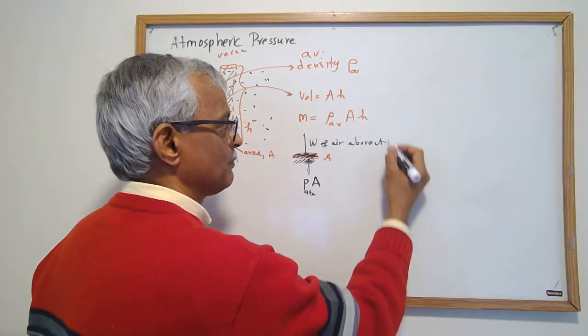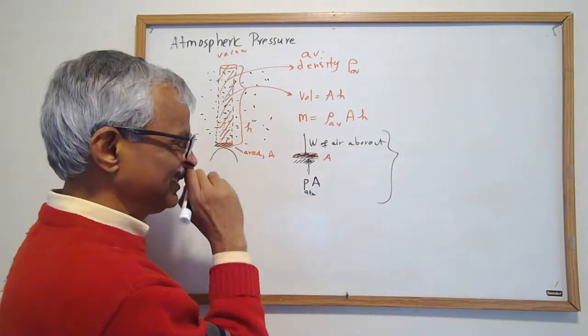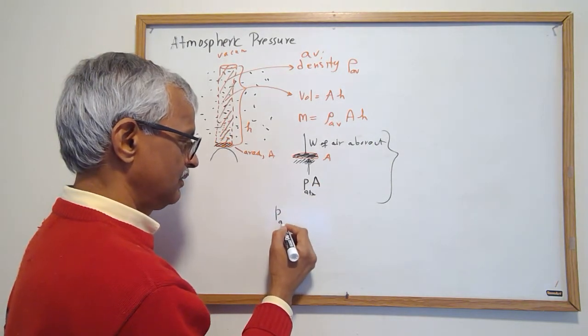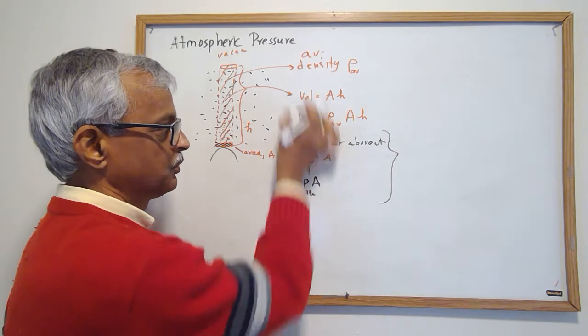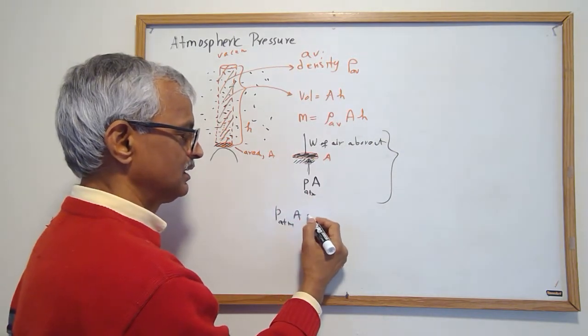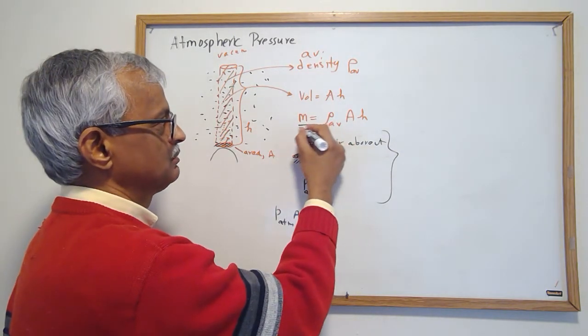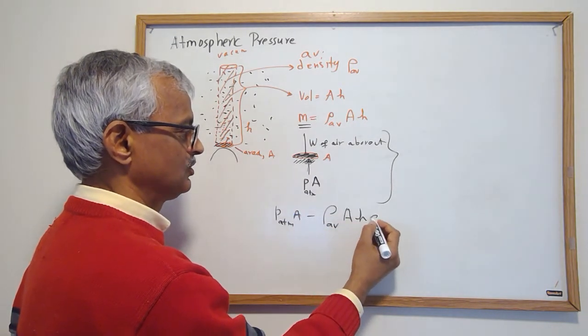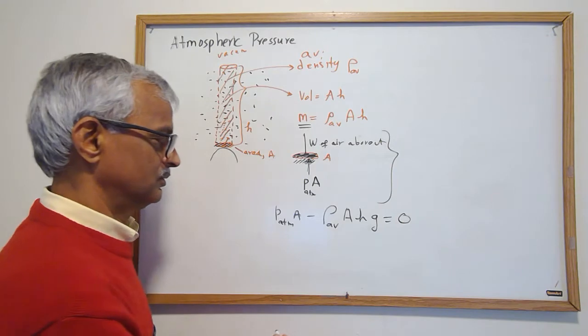So balancing this gives me P atmosphere times area. This is a force up, and the force down on that is the weight of that. So this is mass, rho average, A, H, and G, and that's equal to 0.